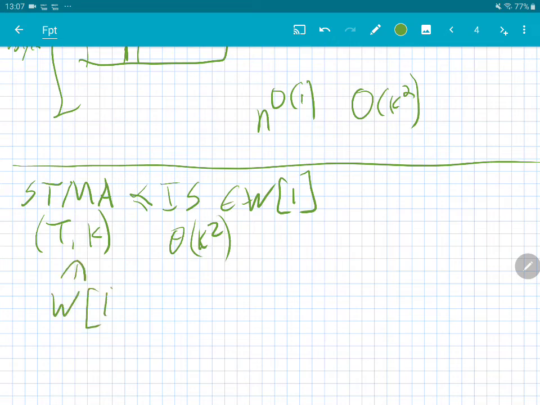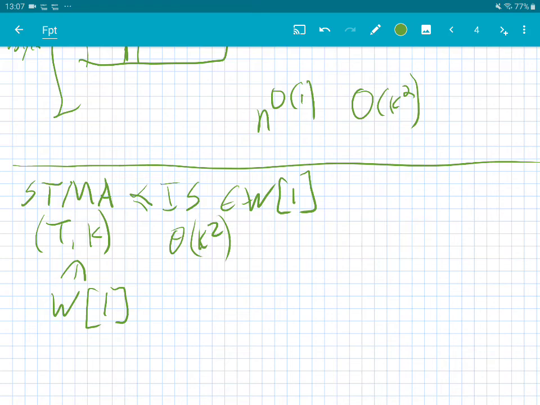Great news. And in fact, it's not hard to show that there is a reduction in the other direction. There is a fixed parameter reduction from independent set with parameter k to short Turing machine acceptance.